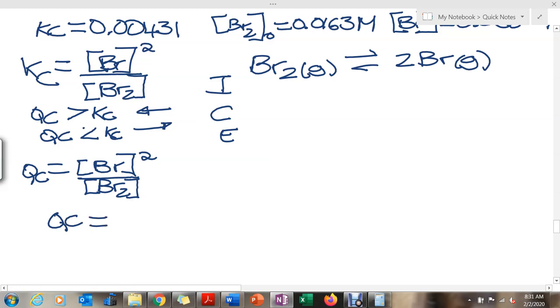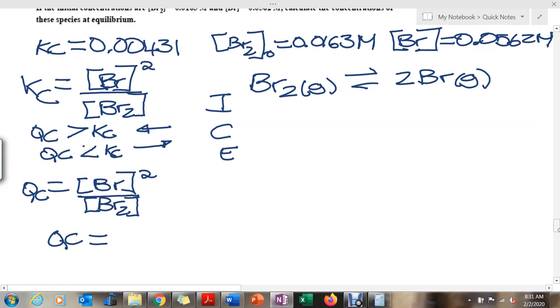So Br is 0.0562 to the square divided by 0.0163.